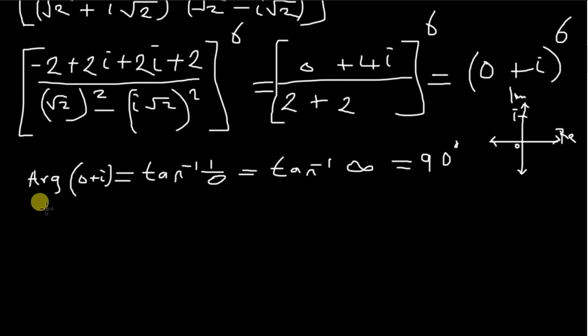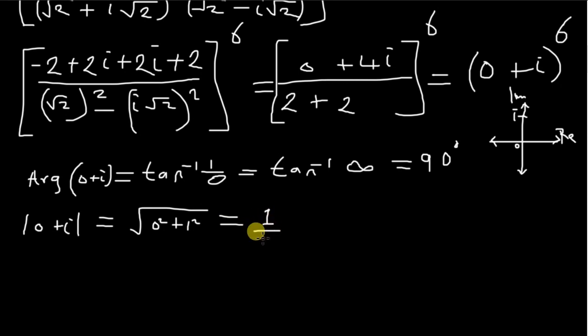And then apart from that, we find the magnitude of that complex number. So the magnitude of 0 plus i will just be equal to the square root of 0 squared plus 1 squared, which gives you just 1. So the magnitude of that complex number is 1.